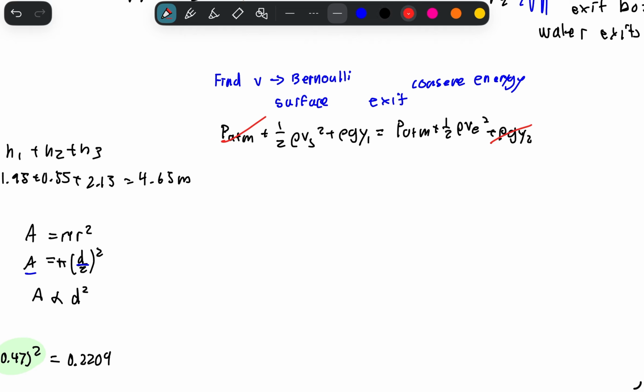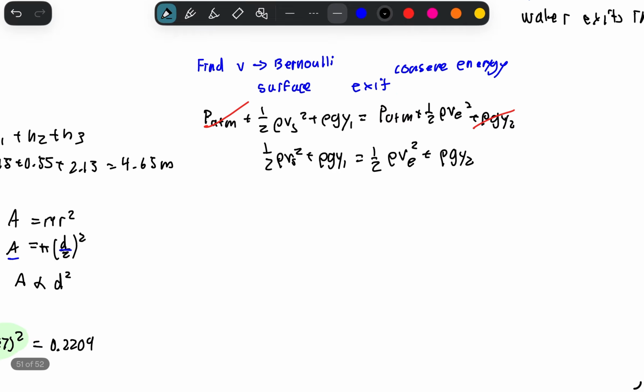We can cancel out that. Now all we have to do is move our terms.